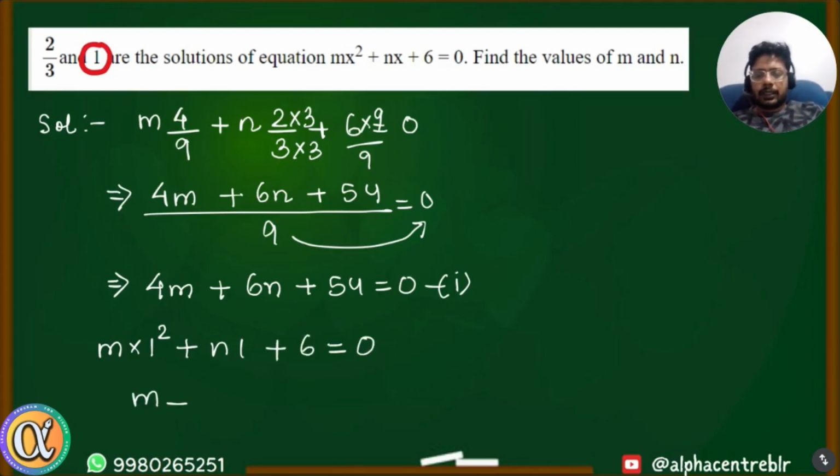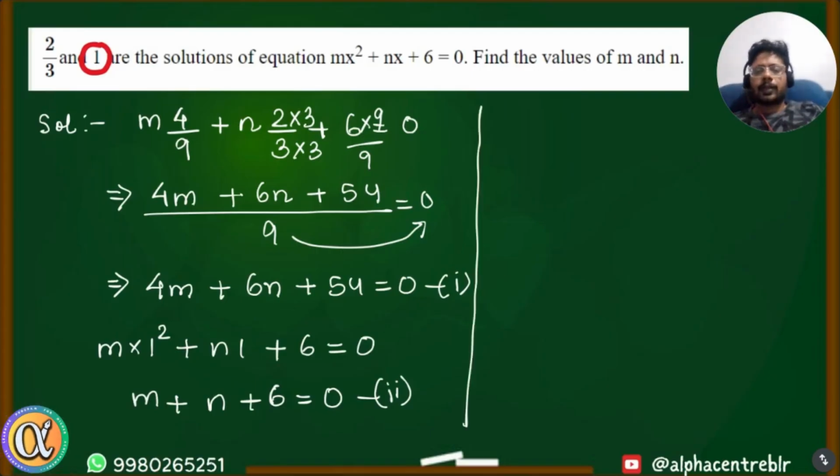That means m plus n plus 6 is equals to 0. This is equation 2. Okay, so these are two equations, equation 1 and equation 2. We can simplify these using the method of elimination or substitution. I think elimination is what we are more comfortable with.